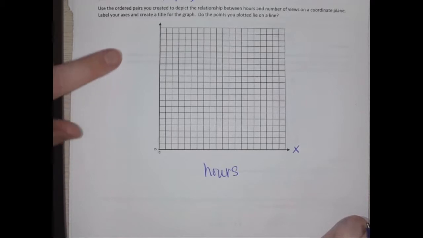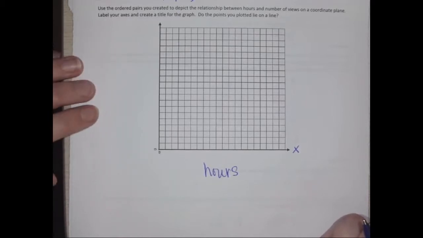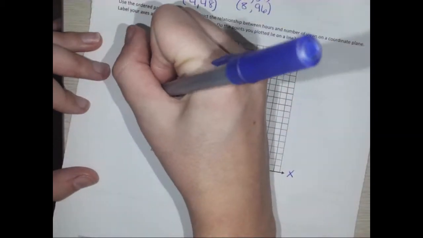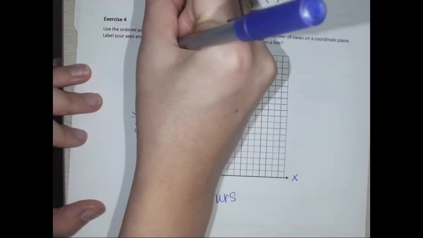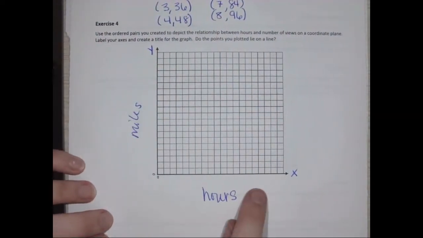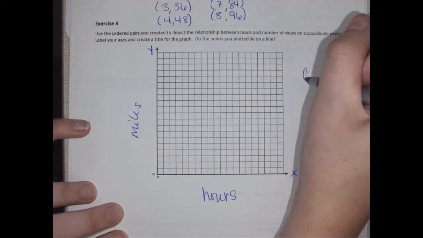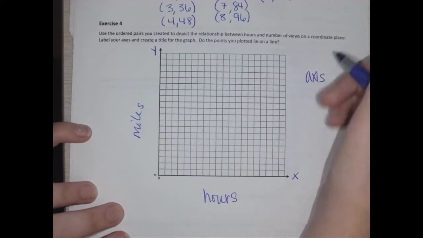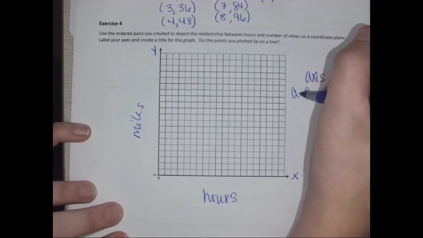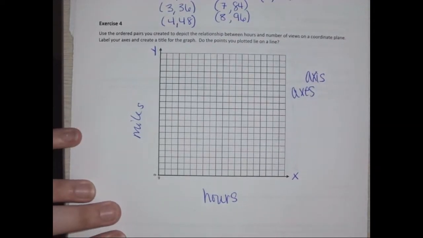And up here, we're describing what? It's miles. And that's our y-axis. Now we need to label our axes, which is the plural of axis. One axis, two axes.